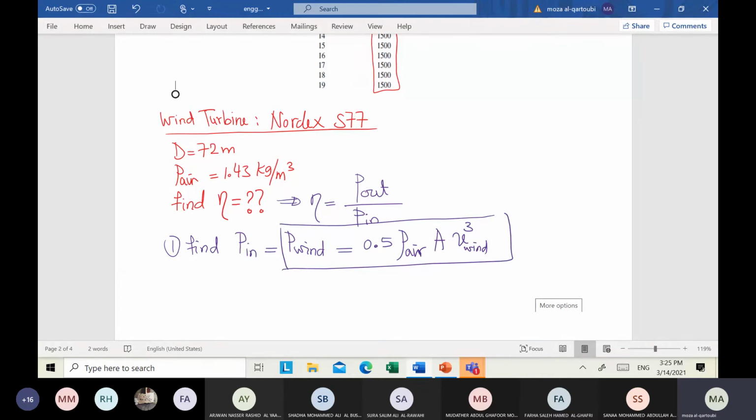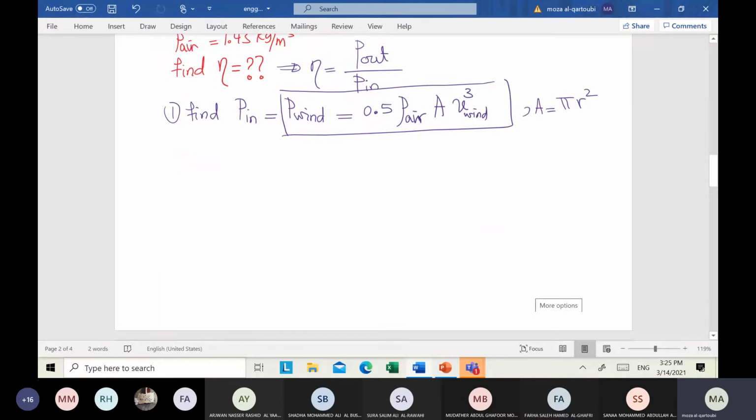And area, because the rotor is circular and the diameter is given as 72. So how to find area? The area is the same as in the previous question, pi r squared. Here r is the radius, and since the diameter is given, it will be diameter over 2.